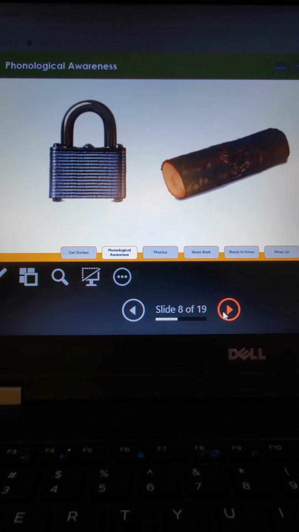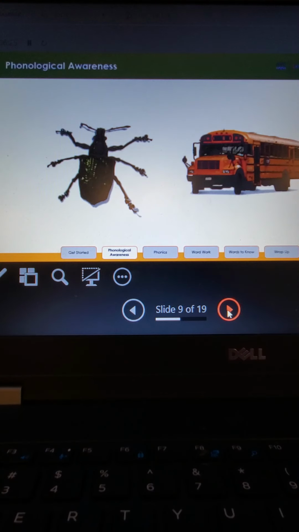Listen. Lock. What word? Lock. Which picture? The picture on the left. This picture shows the lock. Bus. What word? Bus.